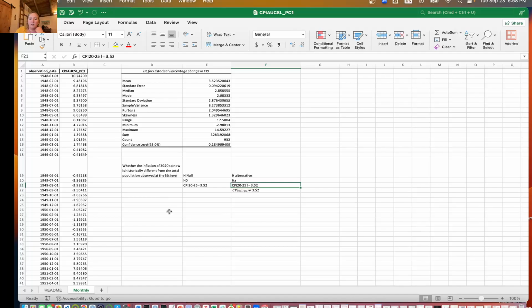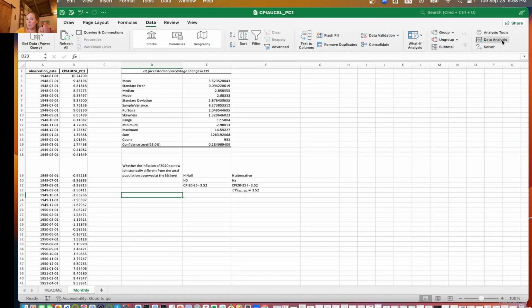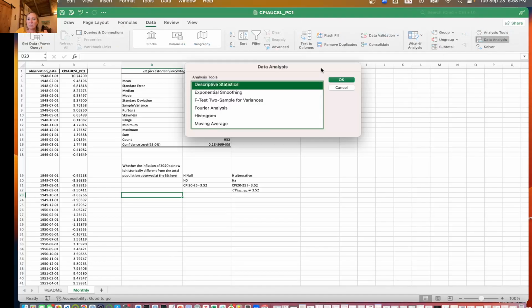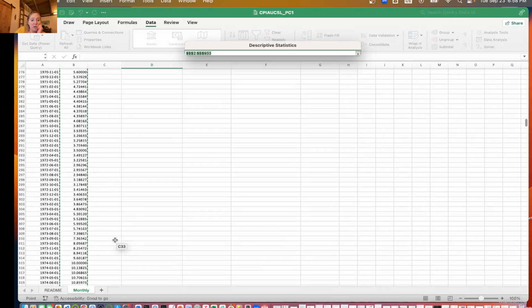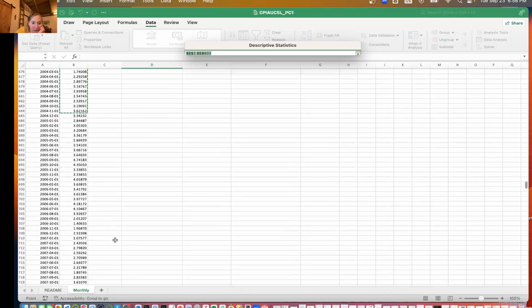Okay. So our test now is to look at the sample of 2020 to August 2025 and whether or not it's statistically different than our historical average at the 5% level. From here, we can do another descriptive statistics table by going to Data Analysis, Descriptive Statistics, and now we're going to change the input range to the one we're interested in.